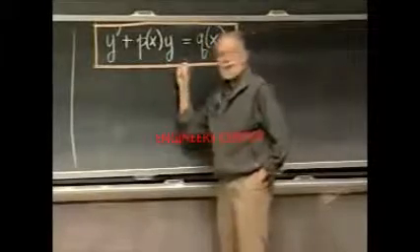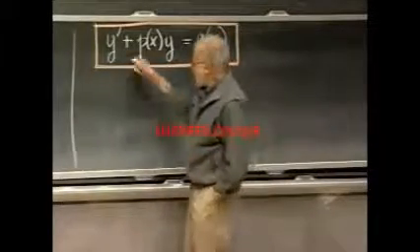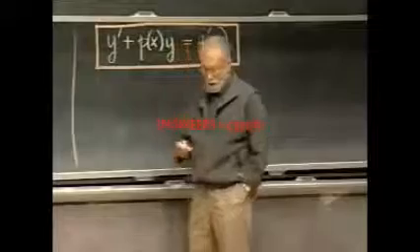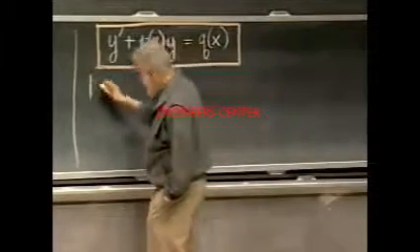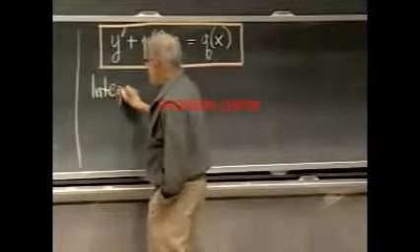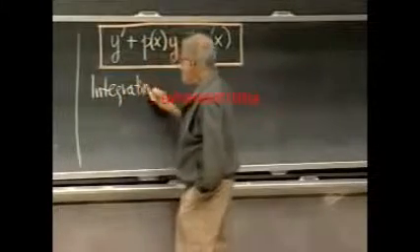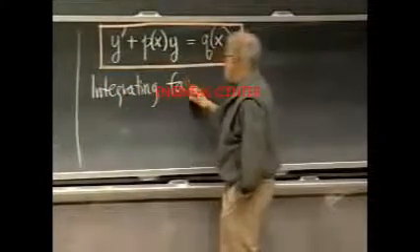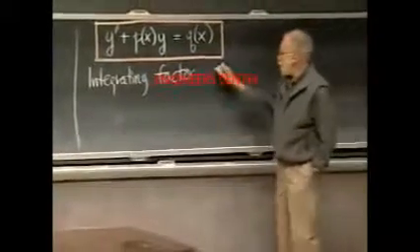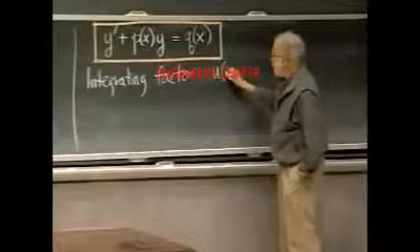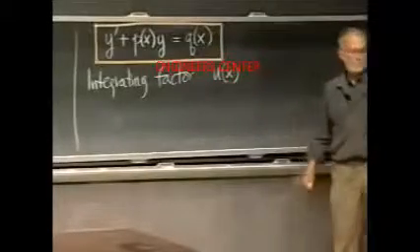One of the main reasons for doing it the way I'm going to do it is because I want you to get two more words into your consciousness, and that's integrating factor. I'm going to solve this equation by finding an integrating factor of the form u of x.